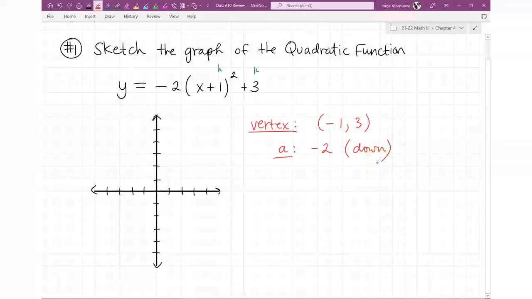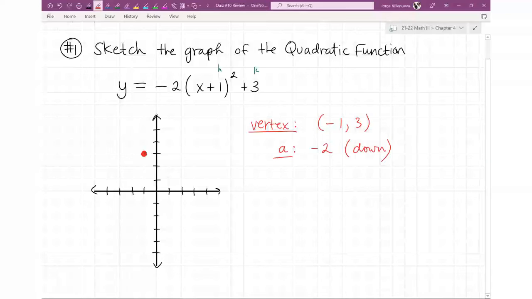So let me go ahead now. I can graph this. I don't need to do any calculations or anything like that. Let me go to -1, 3. That's going to be this point right here. Okay, -1, 3. It has to be opening downwards. My slope is -2 over 1, right? I have to go down twice and over 1.